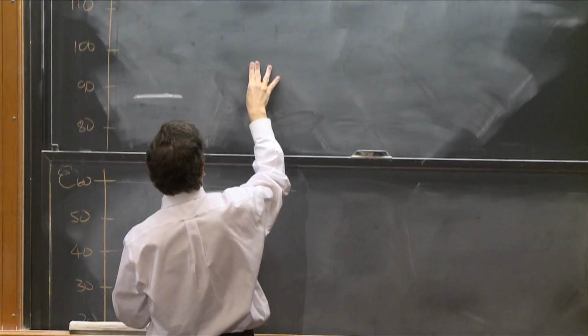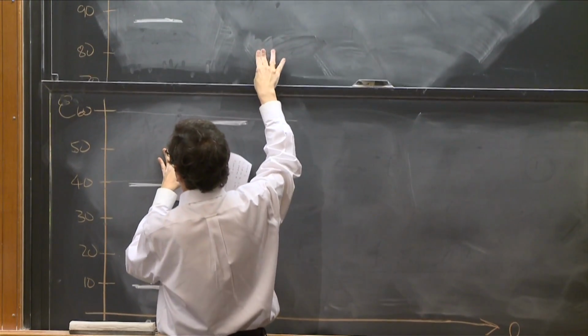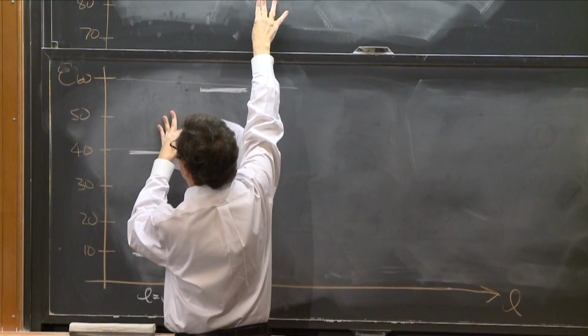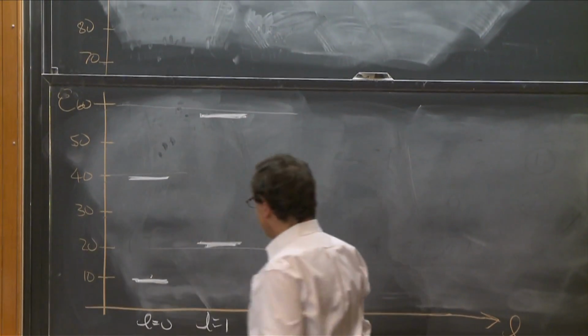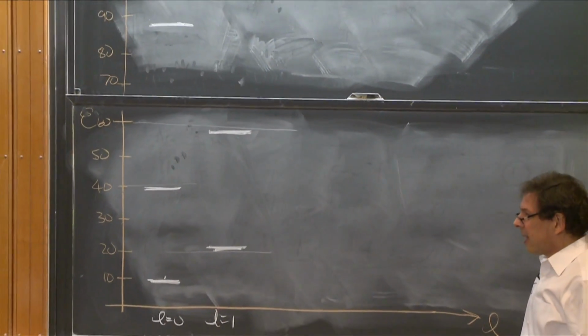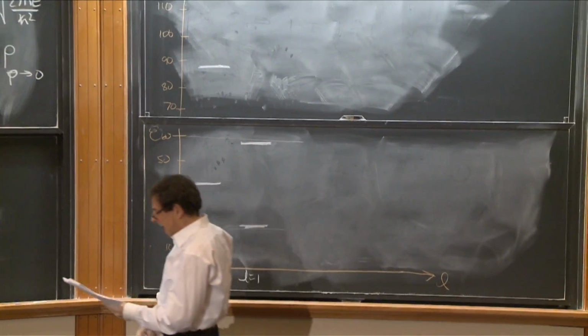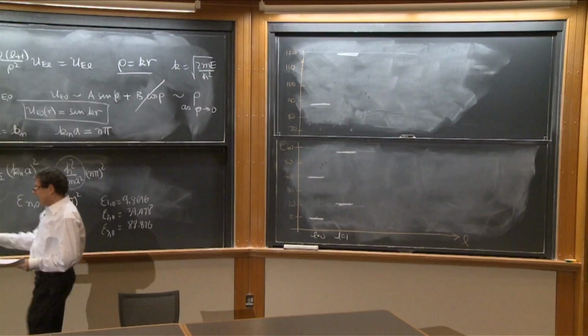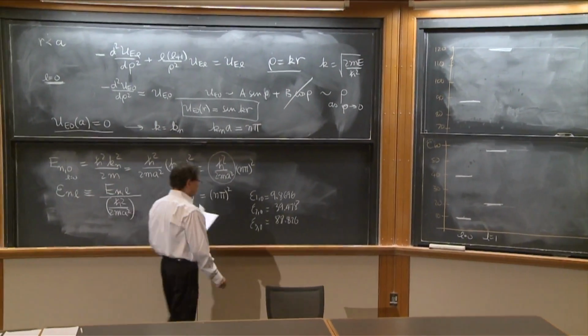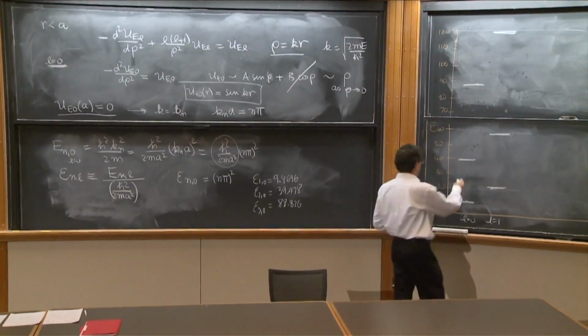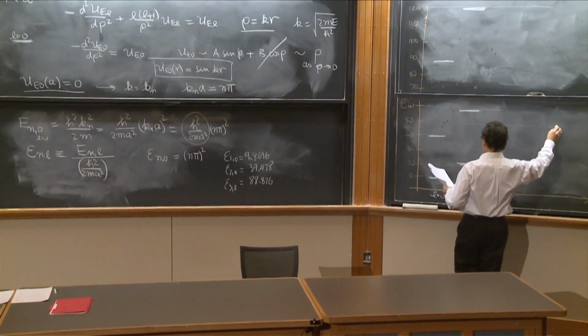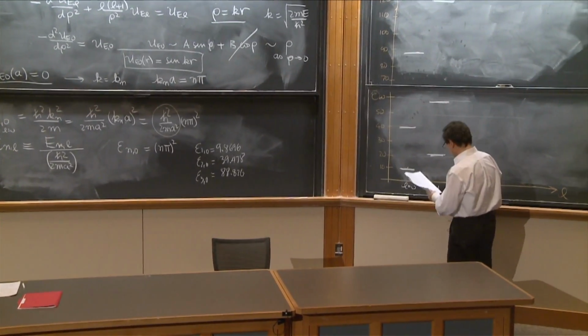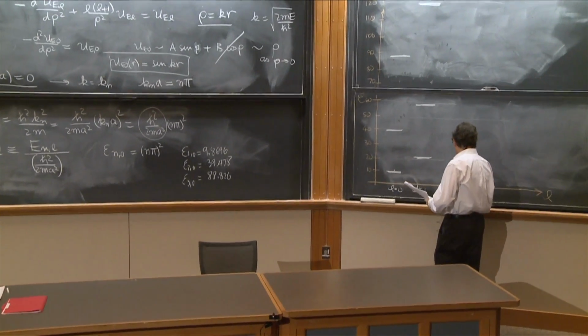So here we are. And then l equals 3, you have 48.83. So that's 50. No, I'm sorry, l equals 2.